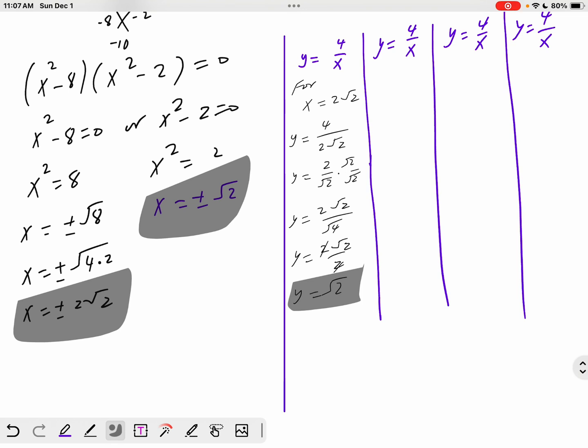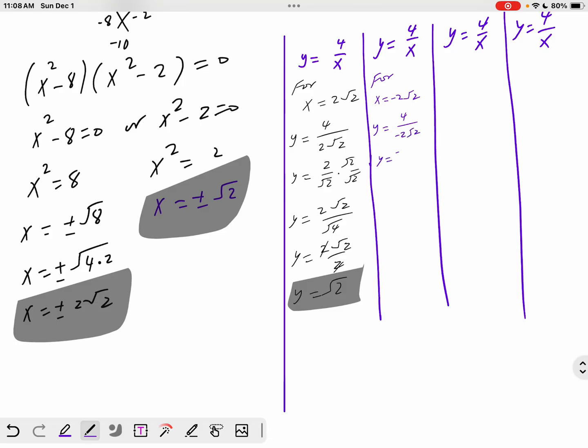Let's do the same thing when x is negative 2 root 2. So x equals negative 2 root 2, and then y equals 4 over negative 2 root 2.